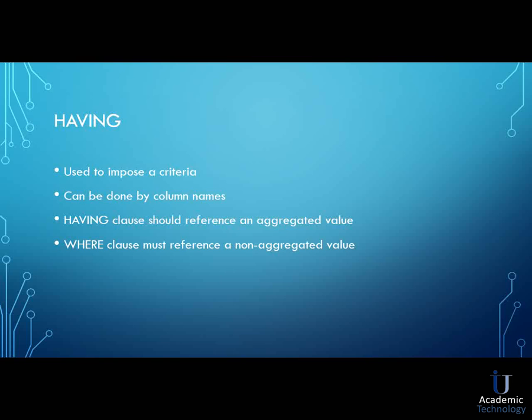You can't do it by positional. The having clause should reference an aggregated value. The where clause, you don't have to have one, as we'll see in the examples. If it does, it has to reference non-aggregated values.